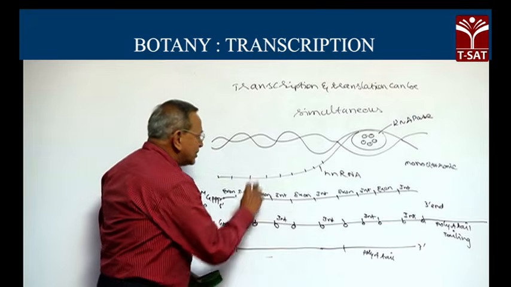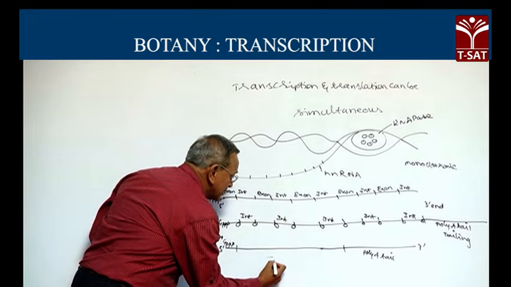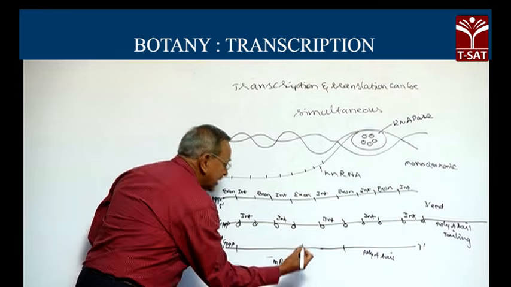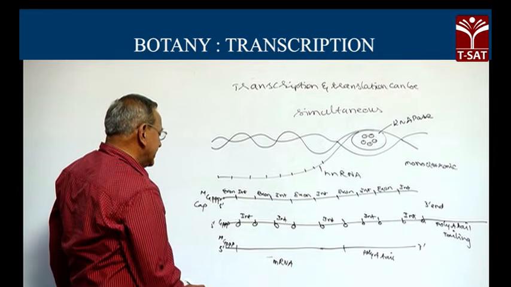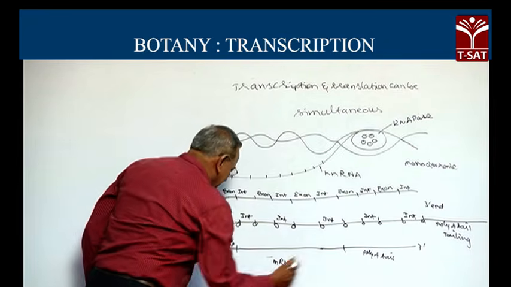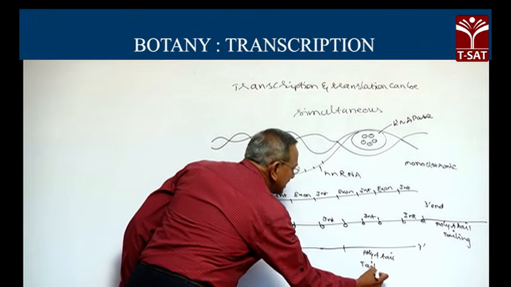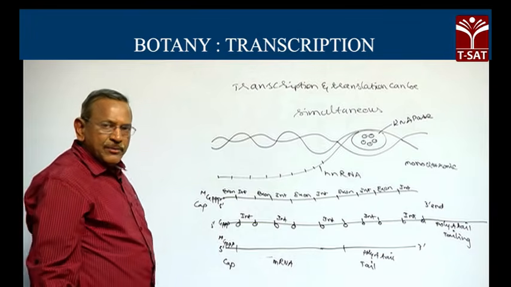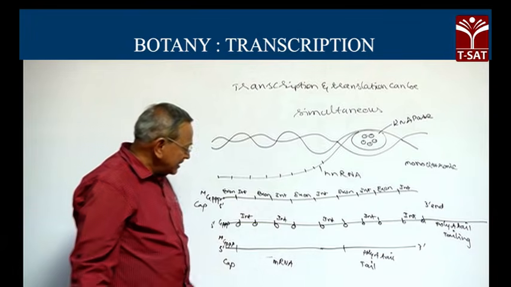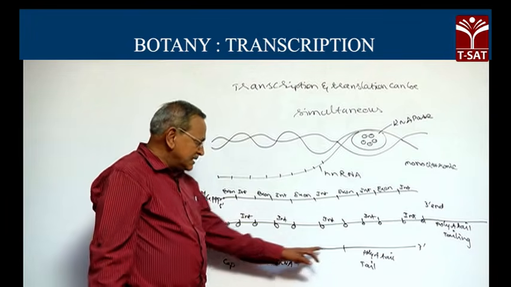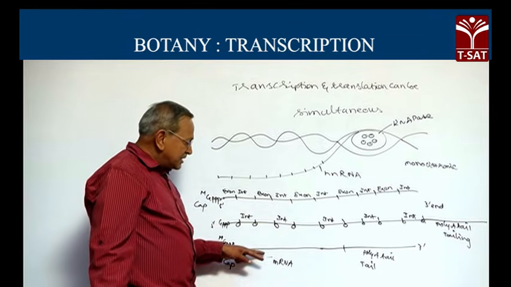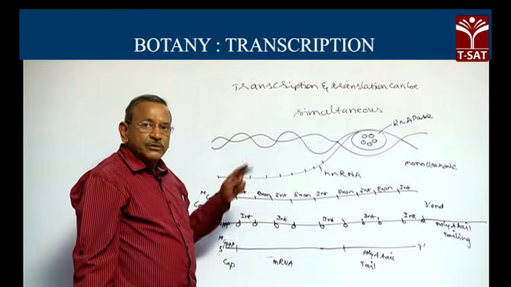This hnRNA has undergone processing, producing mRNA, and in this mRNA, cap and tail are template independent, whereas this part is template dependent but modified.